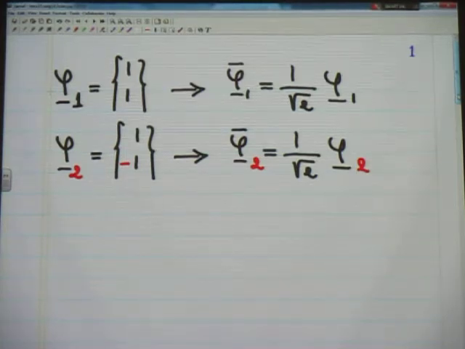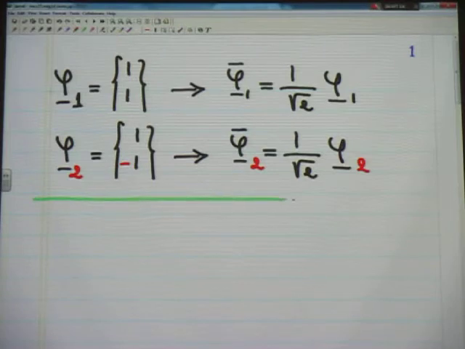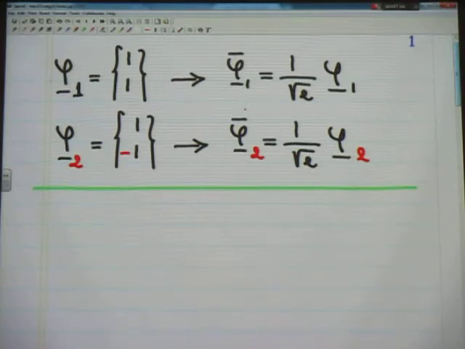So here is a general theory. Let's say phi 1 is an eigenvector. You know that K times phi 1 equals lambda 1 phi 1, right?